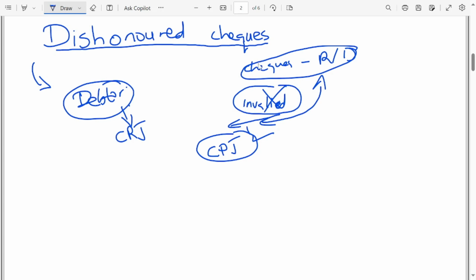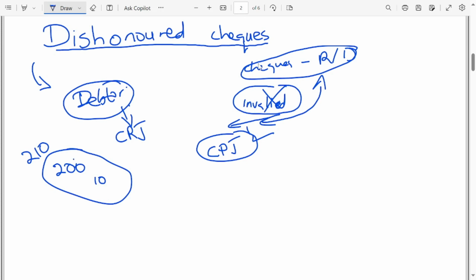So what happens if, when that debtor was paying us, we gave that debtor a discount allowed? So maybe this debtor paid us 200, and then we gave this debtor 10. So in total, this debtor was owing us 210.